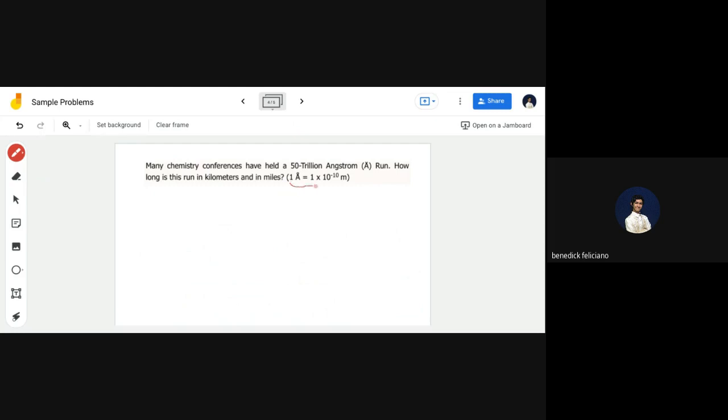We already have a conversion factor here, which is very easy, meaning the only thing that we need to do is first identify the given, which is 50 trillion. That is 50 times 10 raised to 12 angstrom.